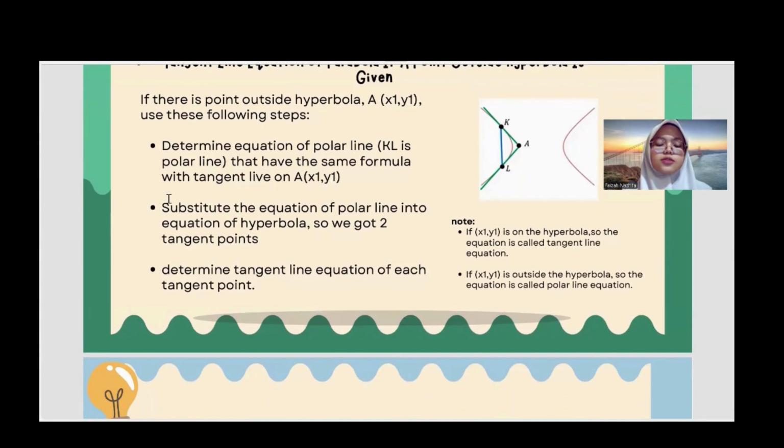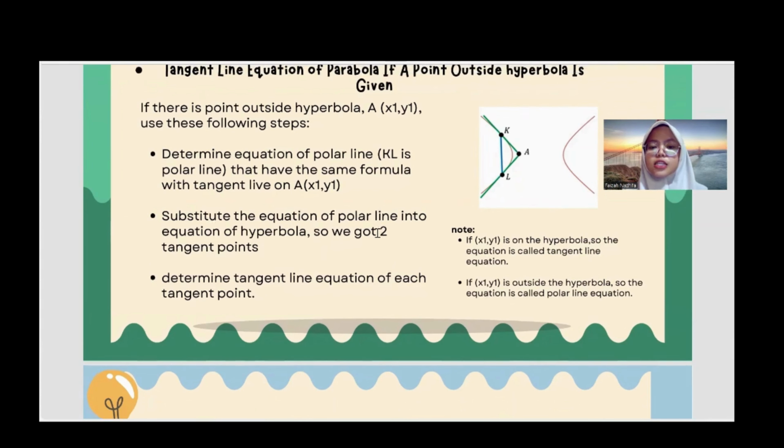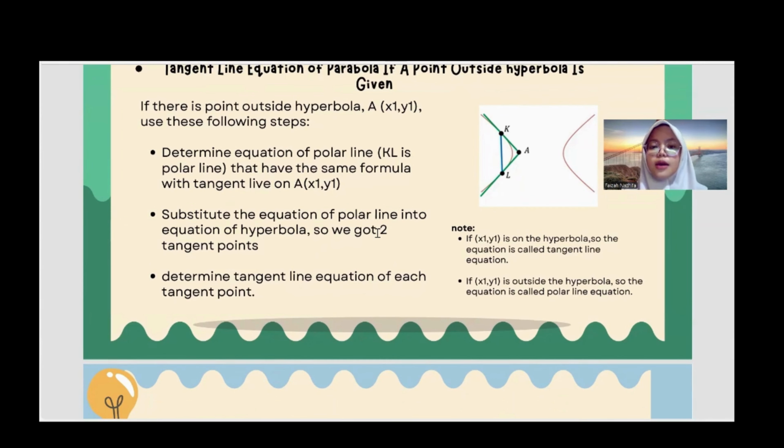And then we have to substitute the equation of the polar line into the equation of the hyperbola. So we get two tangent points. And then we have to determine the tangent line equation at each tangent point. But in this condition, we have to remember that when we face questions that give a point, we have to check whether the point is on the hyperbola or outside the hyperbola.